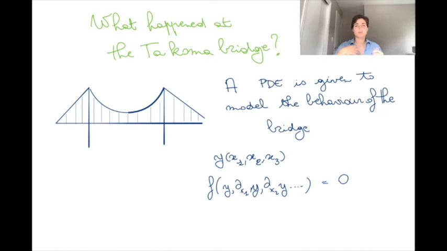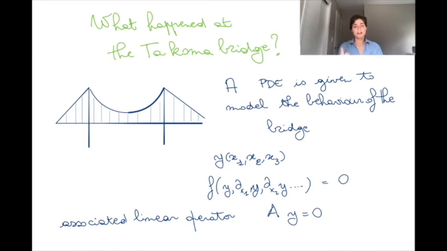So by this I mean that we have a function y in multiple coordinates and a PDE that is a function of y and all its derivatives combined in a lot of different ways, and we expect that to be equal to 0 and have no forcing term. And we expect that if everything goes well, when the solution is equal to 0, then the bridge is standing. It's not collapsing, it's not moving around, so y should be a stable solution.